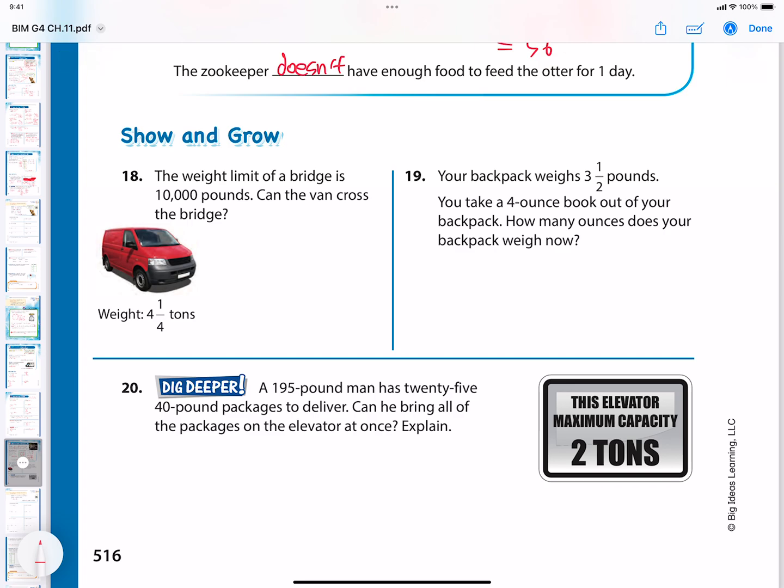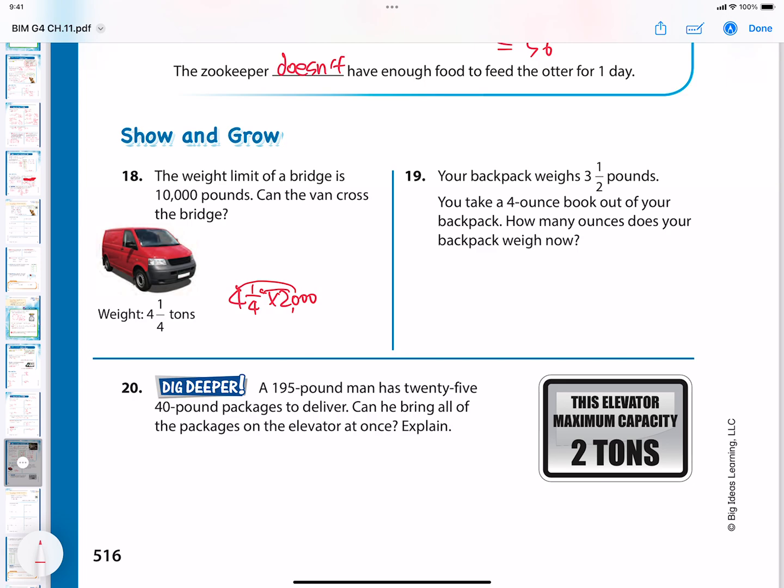Number 18, the weight limit of a bridge is 10,000 pounds. Can the van cross the bridge? Let's see. Okay, tons, 4 and 1/4 tons times 2,000, right? And I'm going to multiply this and that. Remember that, right? And then I'm gonna add it. Now, there are many different ways, but I'm gonna do it.